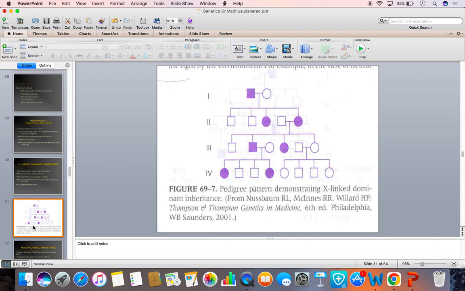But the mother transmits the disease to her sons if the mother is a carrier. Then in the third generation again, there are male and female affected, because in sex-linked dominant, both male as well as female are affected.